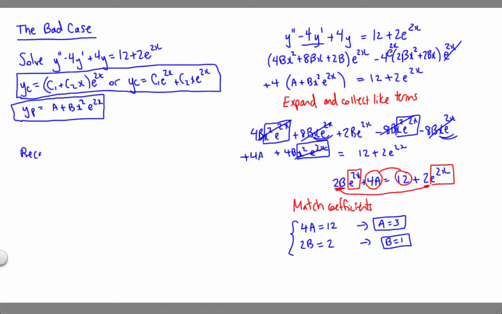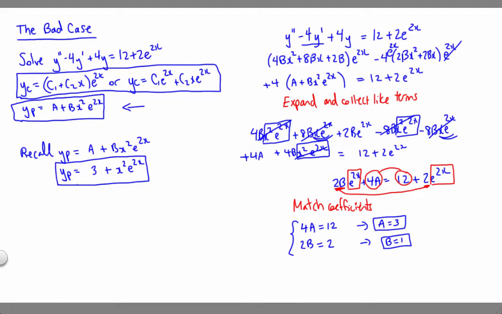Let's just recall yp. Looking back over our previous work, in step 2, we said yp was a plus bx squared e to the 2x. So plugging in the appropriate constants, we know that a is 3, and we know that b is 1. So there is our final version of yp. So that is step 3 done.